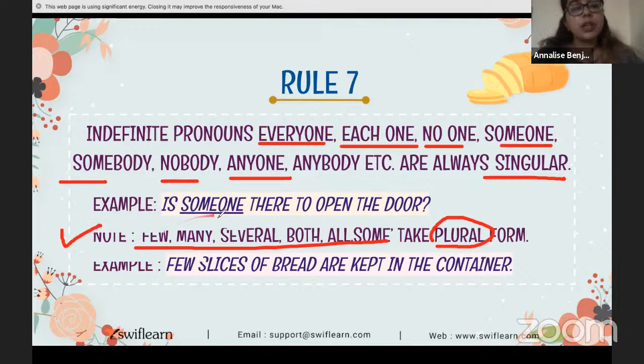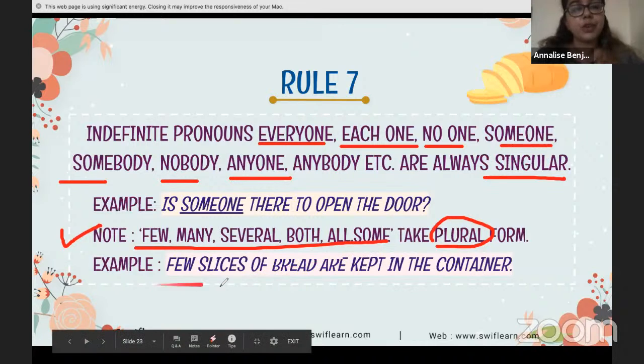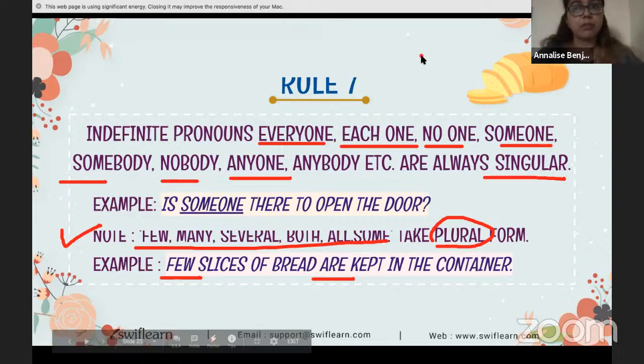Few slices of bread are kept in the container. Here we are talking about few. That's why our verb is plural. Our verb is are.